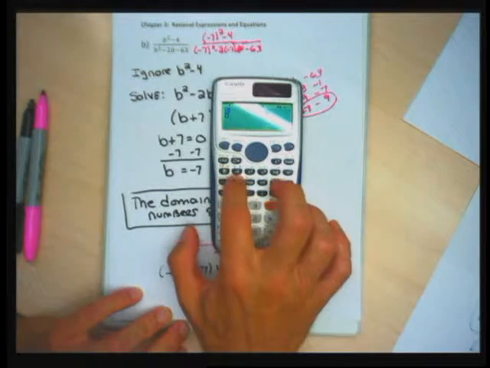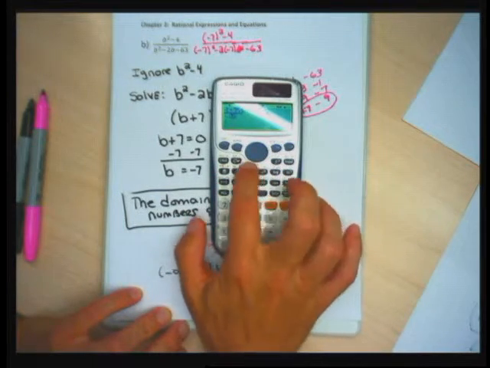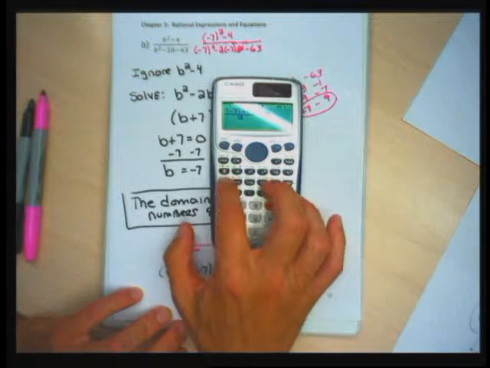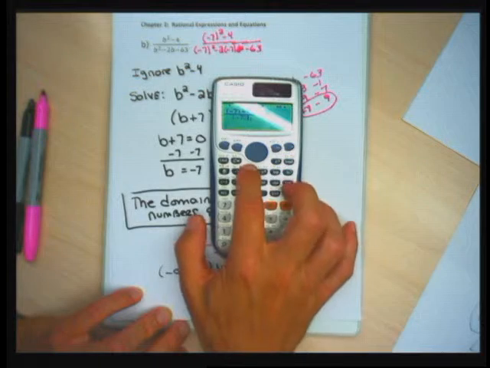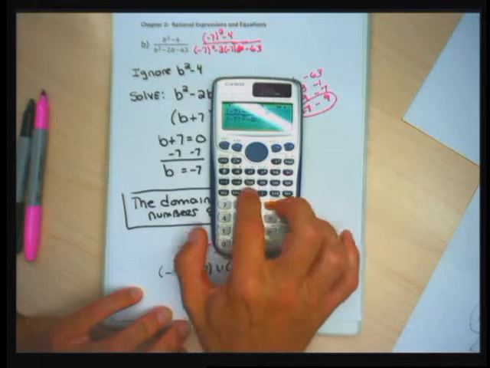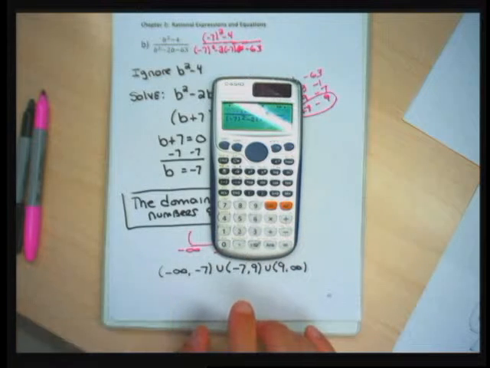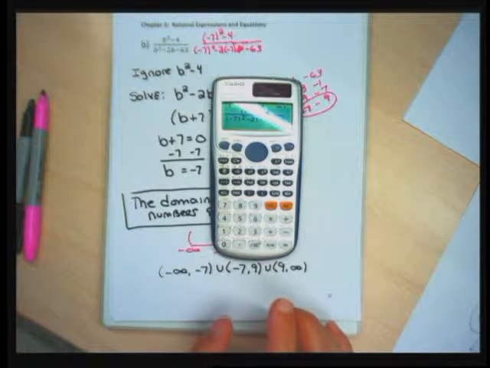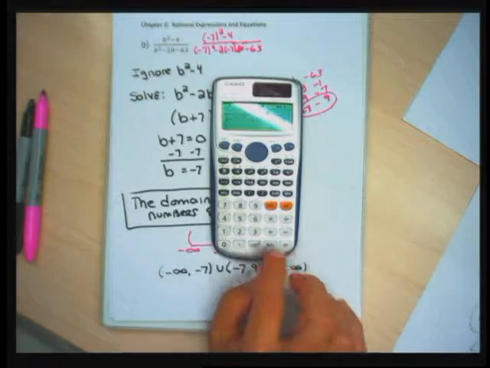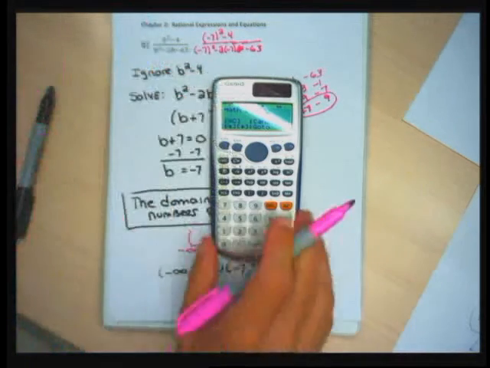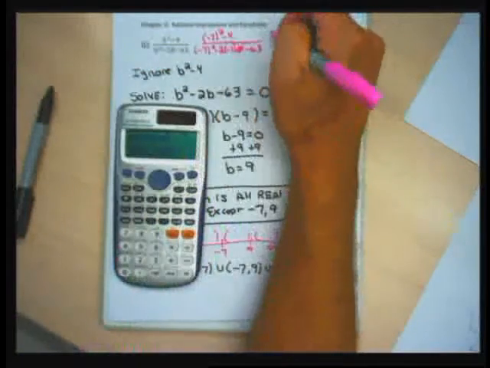So I'm going to go negative 7 squared, has to be in parentheses, minus 4 over negative 7 squared minus 2 times negative 7 minus 63. If I get that error message, then it's a good number to plug in my answer. And I just did. So I got a math error, which means this is undefined. So negative 7 is okay to have in my answer.